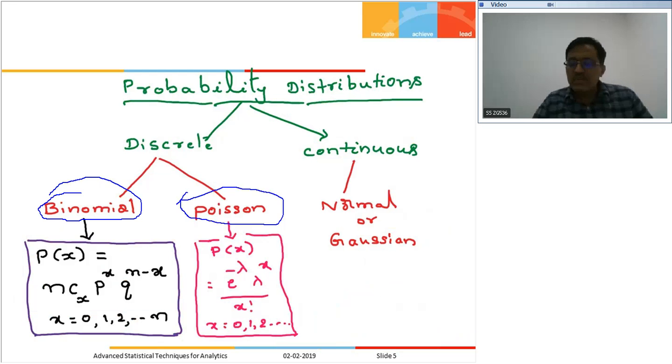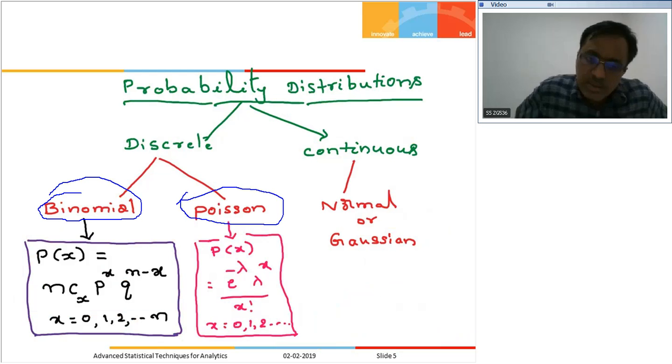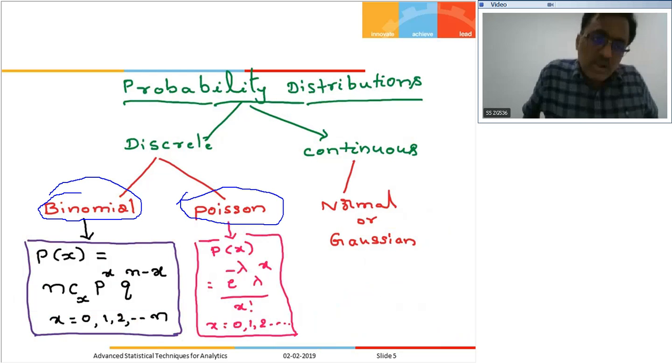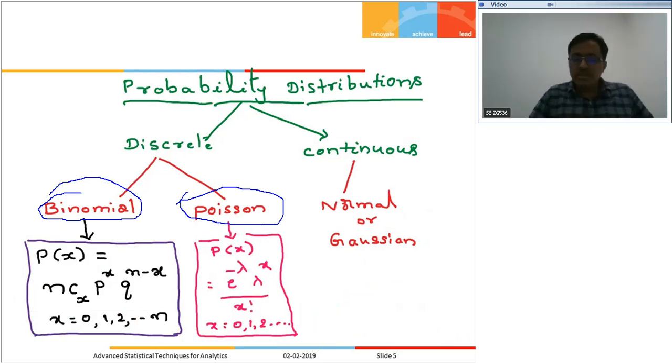What are the things that we need to remember with respect to binomial and Poisson distribution? One is the parameters of the corresponding distribution. What are the parameters of the binomial distribution? Try to recall, because this is very important when we implement these distributions.